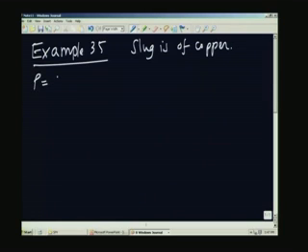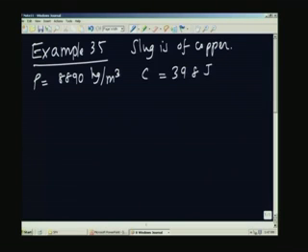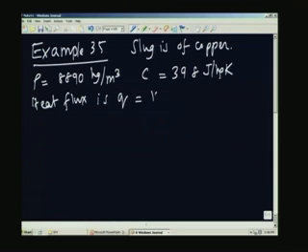The density is 8890 kilogram per cubic meter, and the specific heat is 398 joules per kilogram Kelvin, and the heat flux is given in the problem as Q equal to 10,000 watts per square meter.